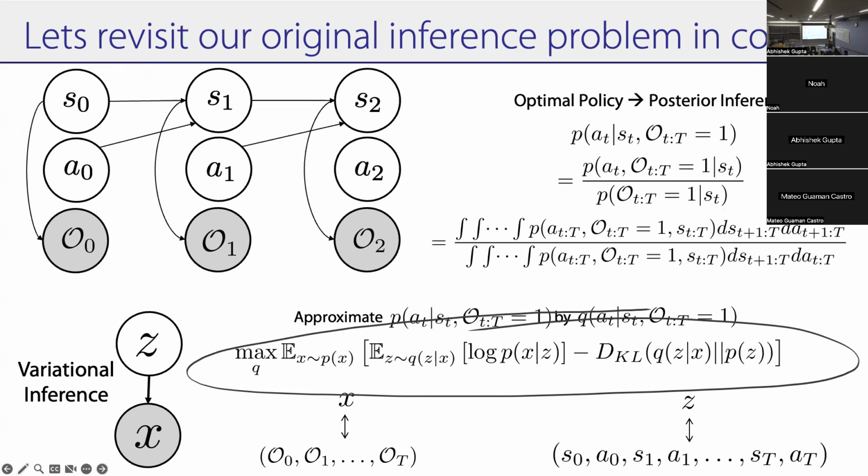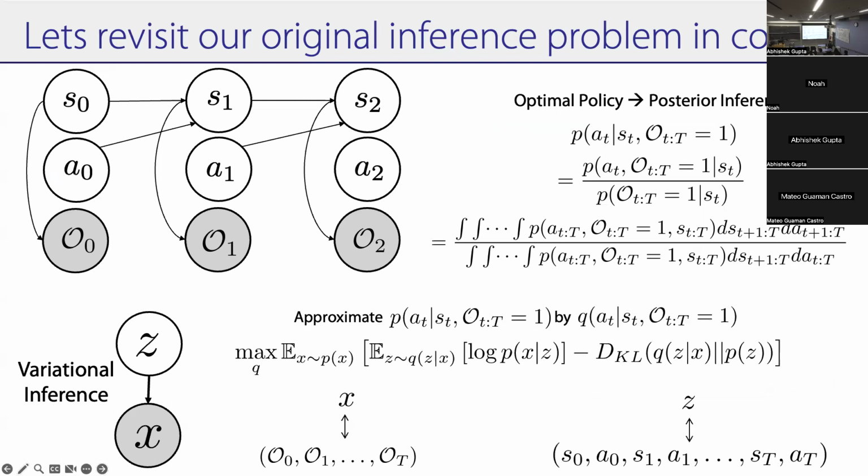We know that optimality is proportional to or equal to exp of r. We know that this thing is according to the transition dynamics. We know that this is according to the action prior. So we know those things, right? And we're going to substitute them in to get our variational inference expression.